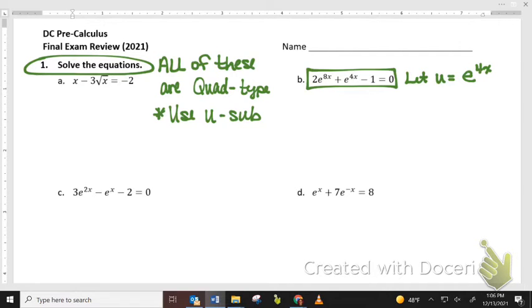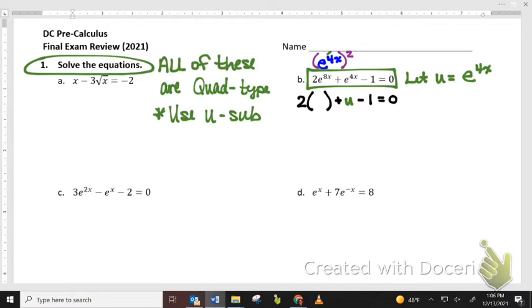When I do that, I would have just a 1u right here. Here, I would have a 2 out in front. e to the 4x, not times 2, but squared to the second power, would give me e to the 8x.